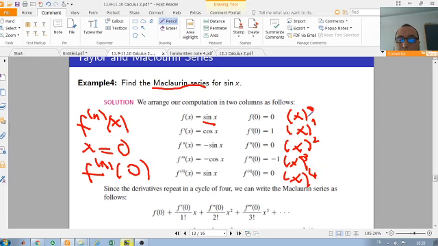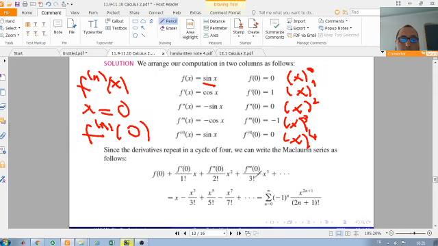Normally we have x minus a to the power n, but we find the Maclaurin series, therefore we write 0 for a, and they become x to the power 0, x to the power 1, x to the power 2, x to the power 3, and so on. For even powers, we have always 0, you see. For odd numbers, we have 1, minus 1, 1, minus 1, 1, minus 1.